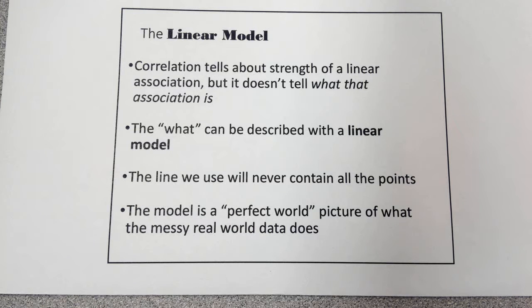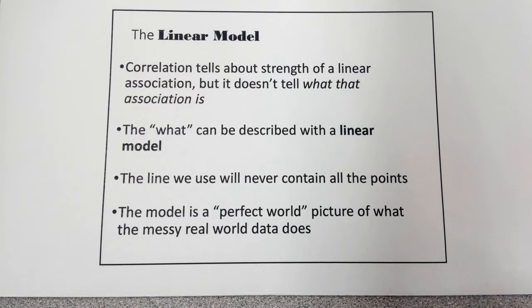It's what we wish was true, but it isn't really true because real world data is messy. But it does a pretty good job of predicting how the real world is going to behave. So in Chapter 7, we meet our second model, the picture of perfection of what we wish things could really be.